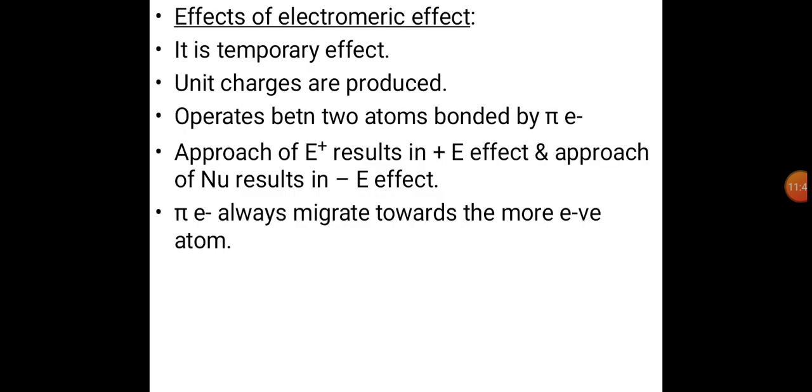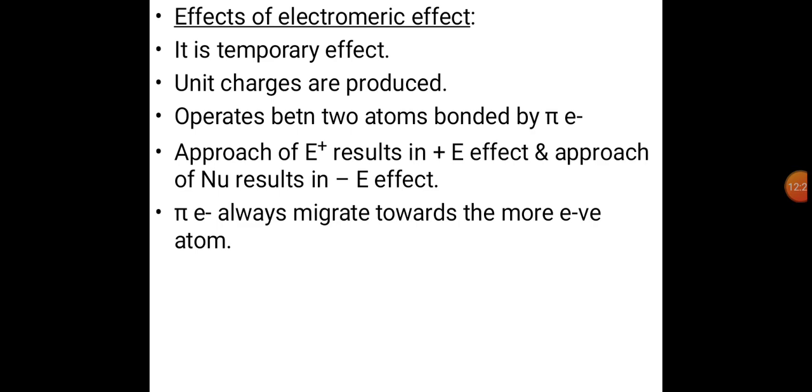And the results of this electromeric effect. So, electromeric effect is a temporary effect, and unit charges are produced here, and this type of electromeric effect operates between two atoms that are bounded by pi electrons only. So bounded pi electrons are possible only in carbon-carbon double bond and carbon-carbon triple bond compounds.